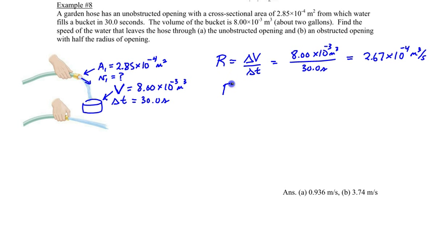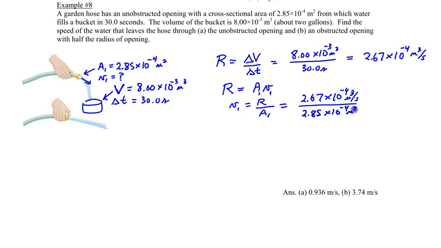Now R can be calculated as well. That volume flow rate can be calculated by taking the cross-sectional area A multiplied by the velocity. We'll use area 1 and velocity 1. We now know the rate of flow, 2.67, and the cross-sectional area, therefore we can find the velocity. Velocity 1 is the rate of flow divided by the cross-sectional area: 2.67 × 10^-4 meters cubed per second divided by 2.85 × 10^-4 meters squared.